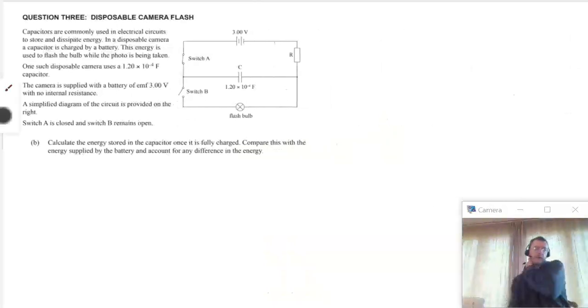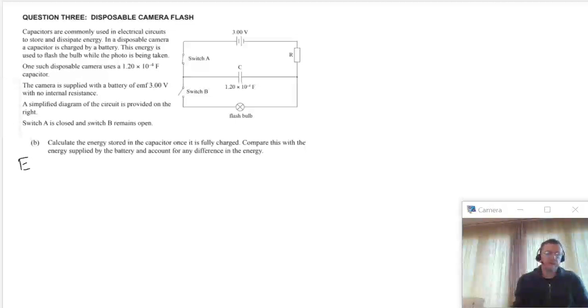Next we have a question about energy. Calculate the energy stored in the capacitor once it is fully charged. Well, let's just go with these things as they come at us. So on our equation sheet we have E equals a half QV, and we have Q equals CV.